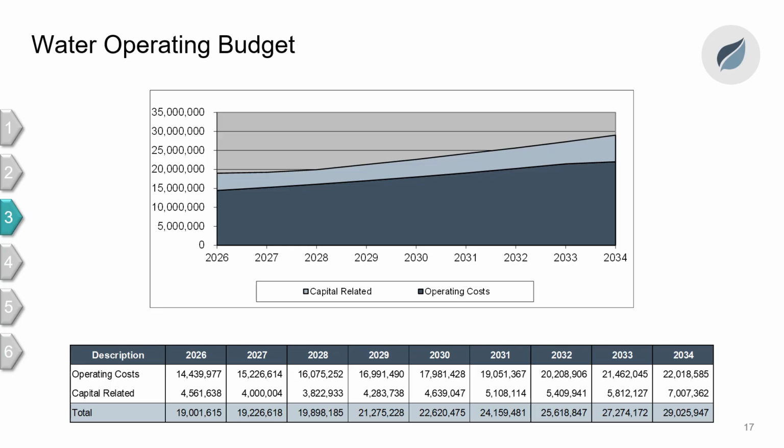What you can see here is the capital-related component of the water budget remains relatively constant, but the operating costs increase over the forecast. And so the total costs that are imposed on the rates go from about $19 million today, or in 2026, up to just over $29 million in 2034. And a big driver of that is the increase in the purchase water rates from the City of Hamilton.